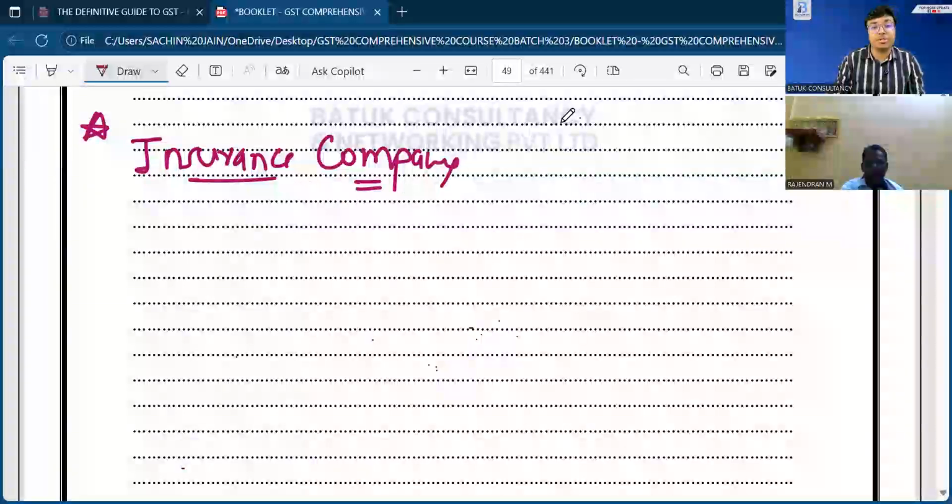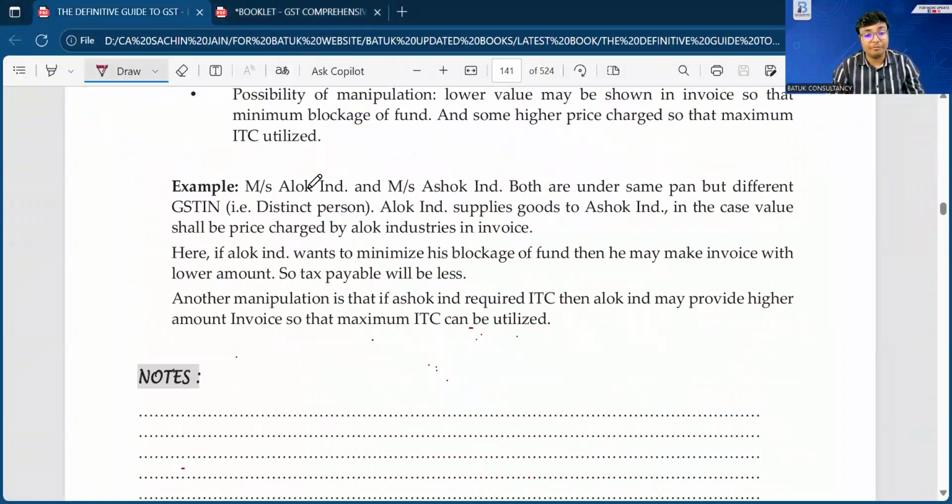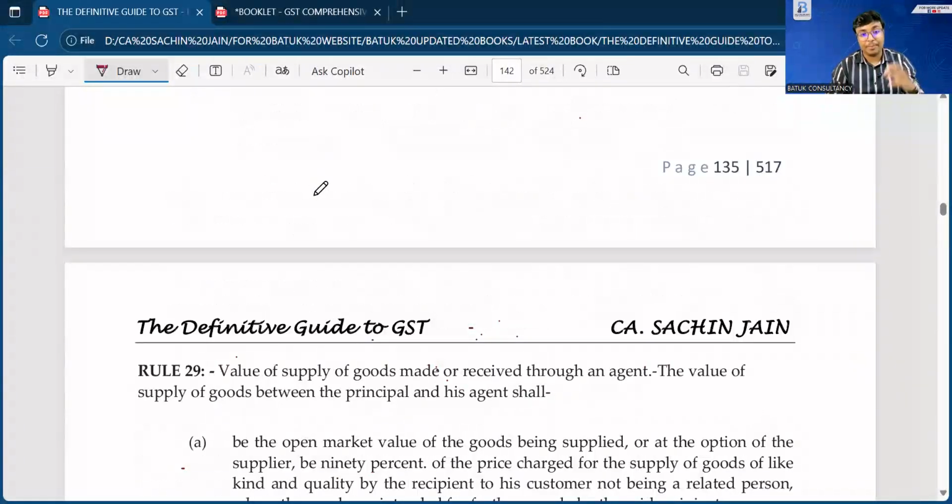This is also a question, because through the insurance company we are supposed to take insurance benefits, like health insurance, general insurance, marine insurance. Multiple types of insurance are there, and we are taking the same. So how the value is going to be determined in case of insurance, that we are going to discuss.